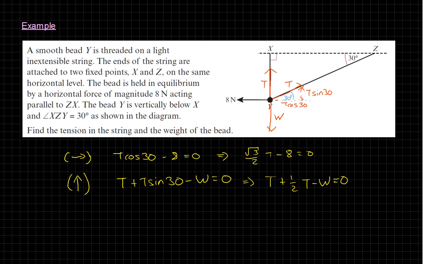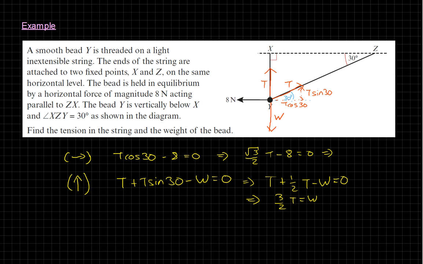Let's see then, working with the one we're looking at now, we've got 3 over 2 T equals W, effectively. Yeah, that makes sense. And then let's also look at this top one. We can find T from this, can't we?